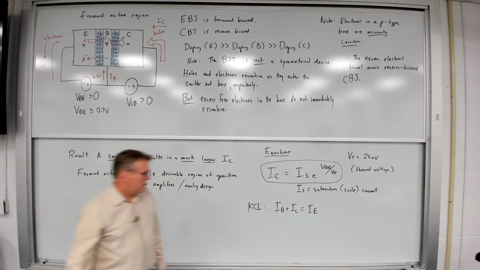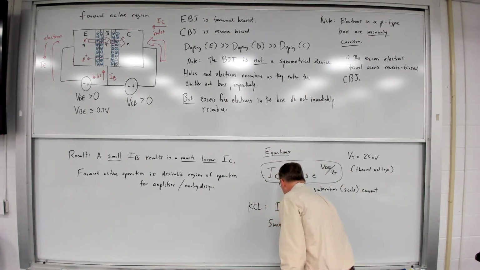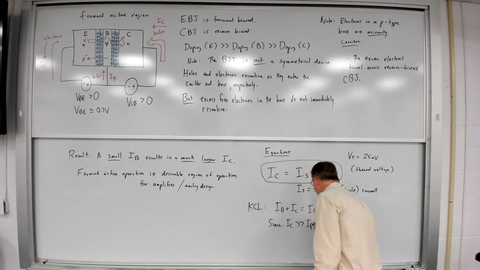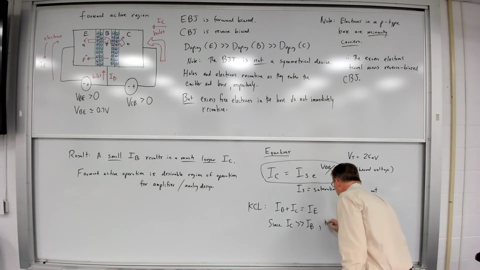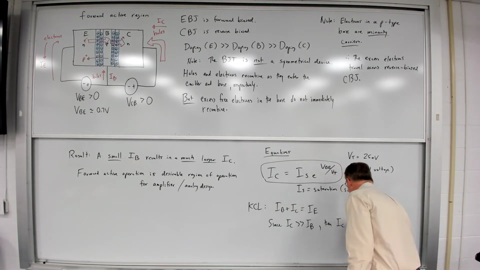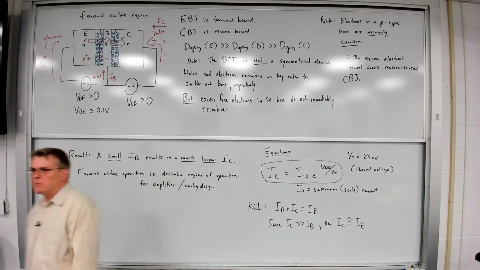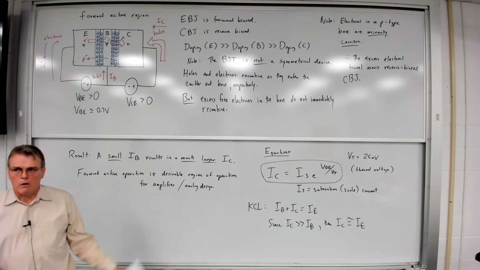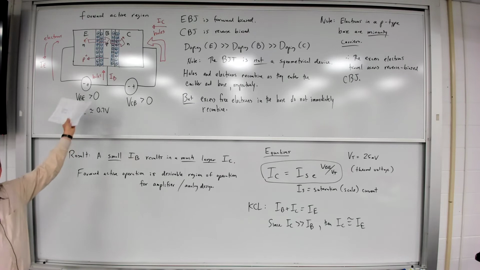And we note since IC is typically much, much greater than IB, what we find is IC will be approximately equal to IE, typically within 1% or less of the two values. So like I said before, only a tiny amount of base current is required to make that current flow through that circuit.